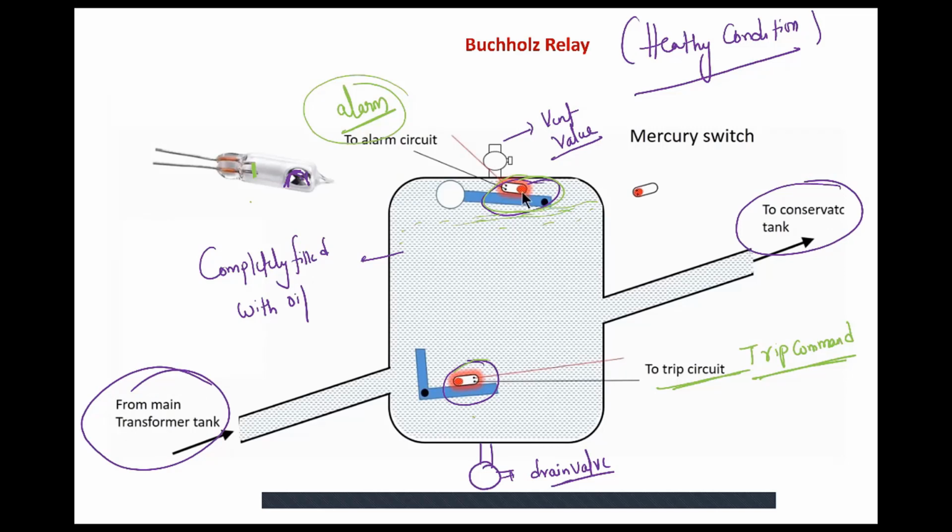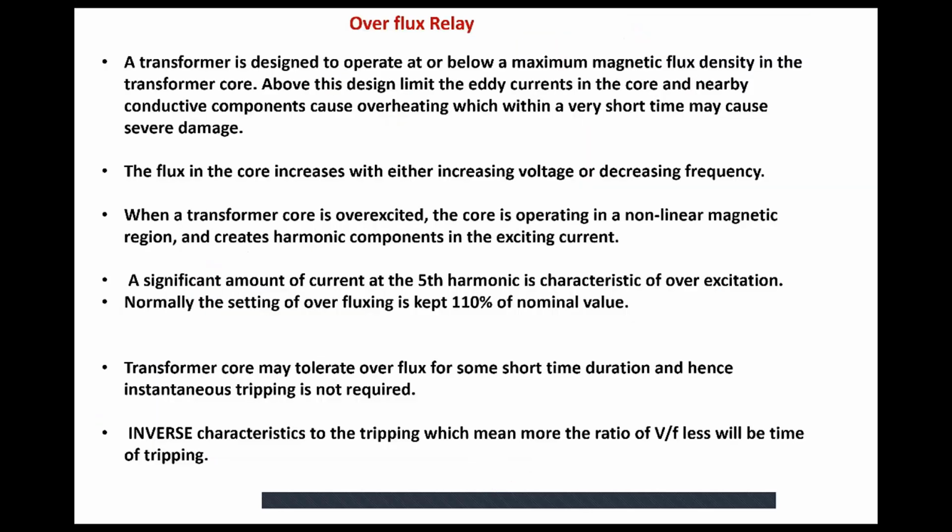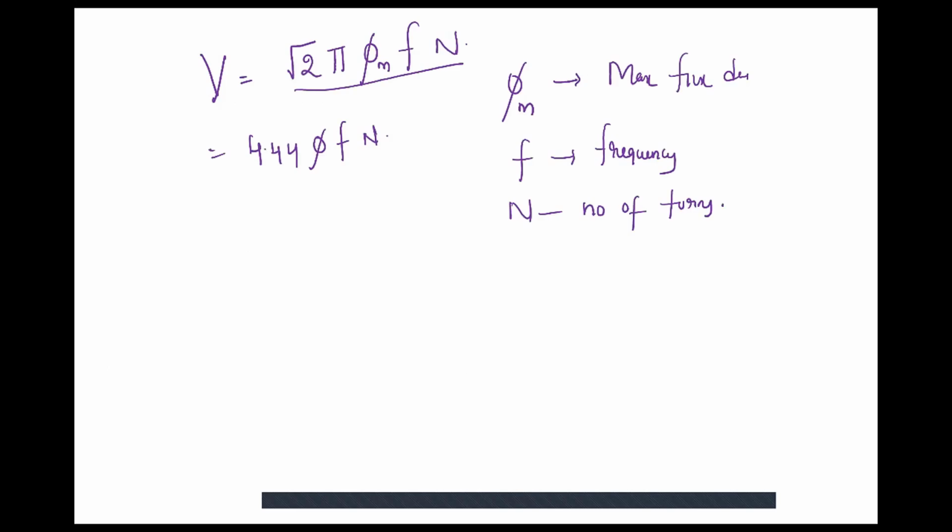Okay. One more important relay that we use in the transformer is the overflux relay. So if you recollect the voltage induced in the transformer, can someone tell me what is the voltage induced in a transformer?